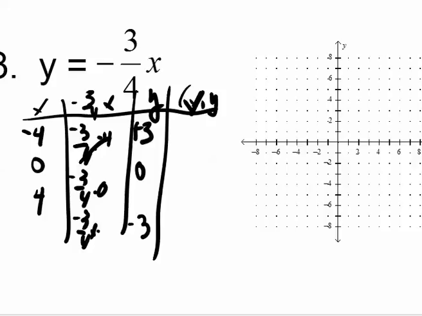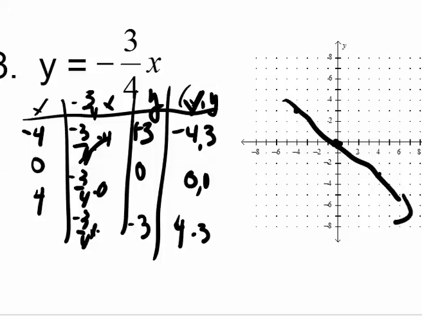This should have been a positive 3. So: (-4, 3), (0, 0), (4, -3). We'll see what happens if I did this correctly. Plot -4, 3; 0, 0; 4, -3. Voila! There we go.